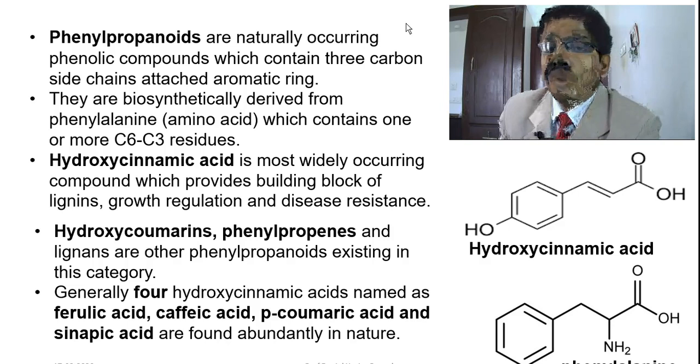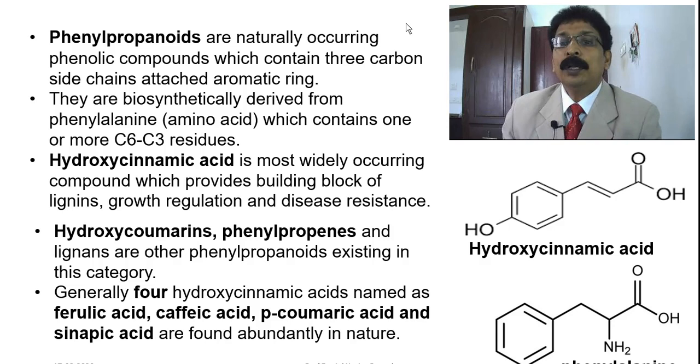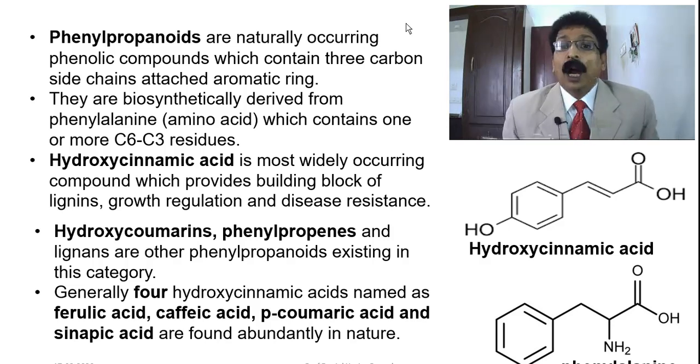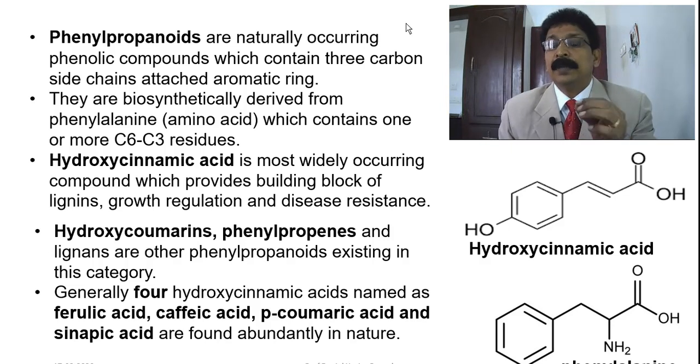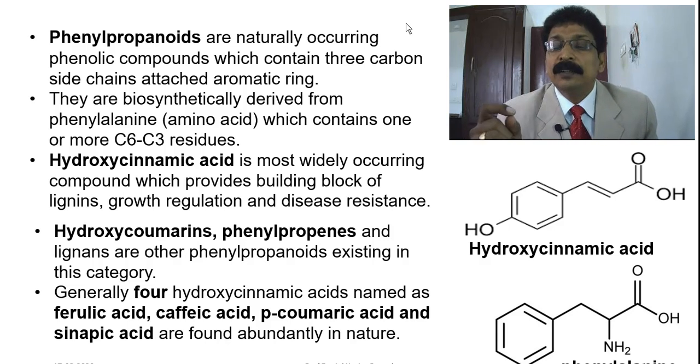So we just watch the structure which is mentioned before me, because we have to make it clear about the structure of hydroxycinnamic acid. First we should know about cinnamic acid.